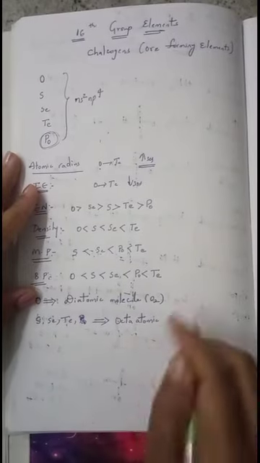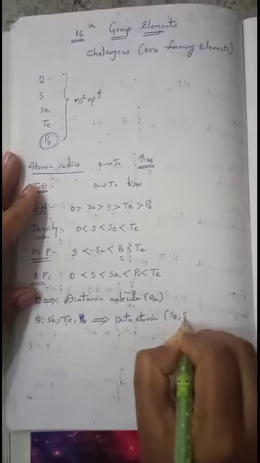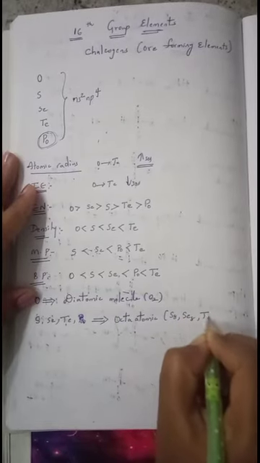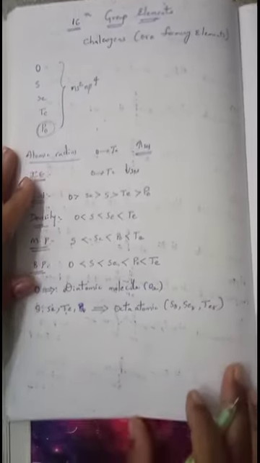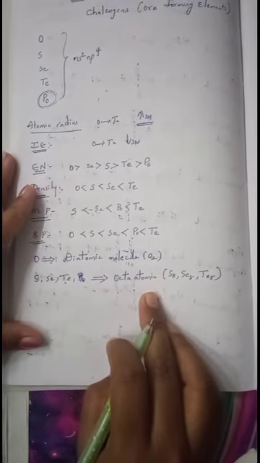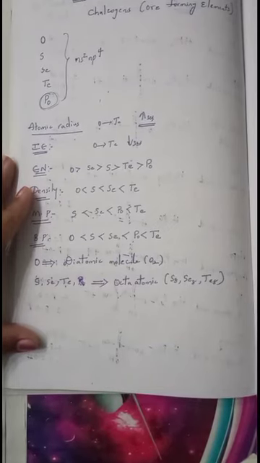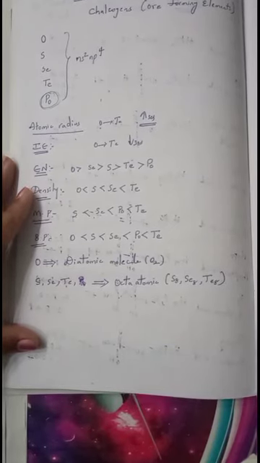Octaatomic means eight atoms exist together: S8, Se8 and Te8. So these are about the existence of oxygen, sulfur, selenium, tellurium in the 16th group elements.